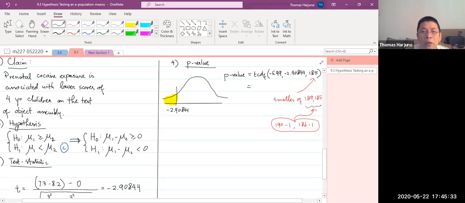The p-value is 0.0020. And then informal conclusion. The p-value is so small, right? It's very, very small, so we will reject the null hypothesis.